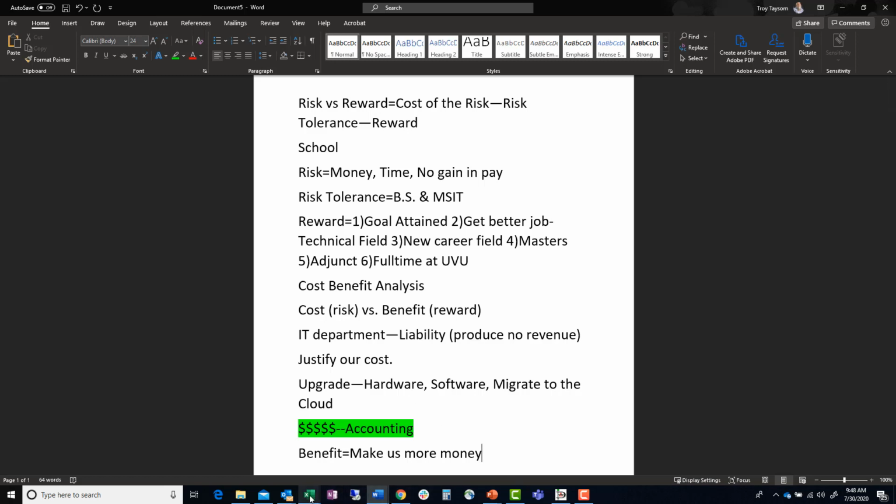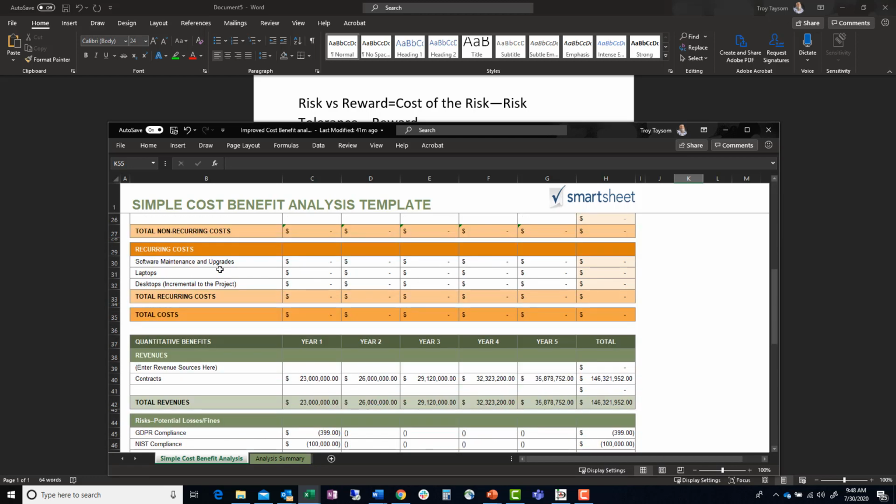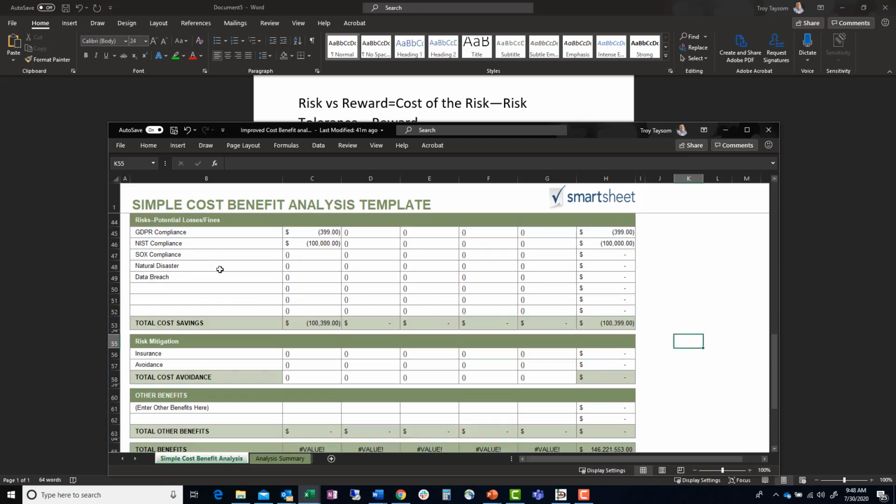All right. Now, a cost benefit analysis could look like this in the technology area. So you have your quantitative benefits, all right?